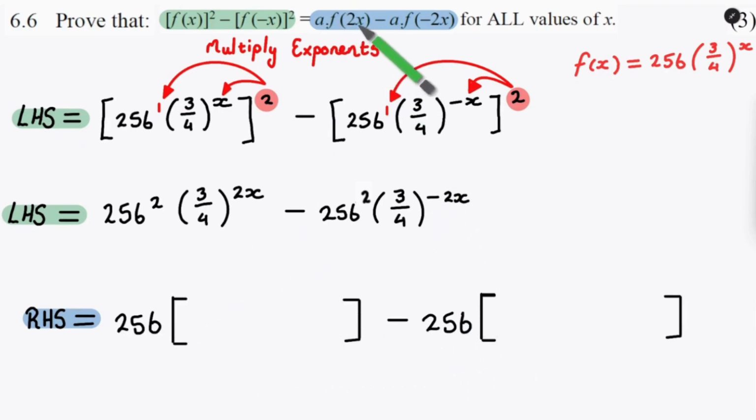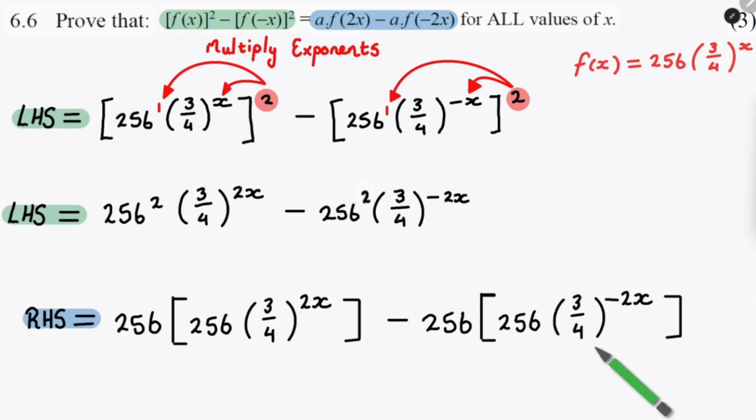Now this f of 2x, it's giving you instructions to take this equation, replace this x with a 2x and put it inside of here. So we do that. You can see here, it's a 2x. And then for the next one, very similar, it's giving you instructions to replace this x with minus 2x. So we do exactly that.